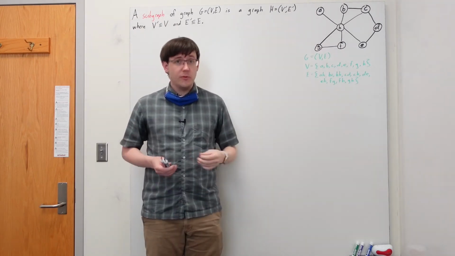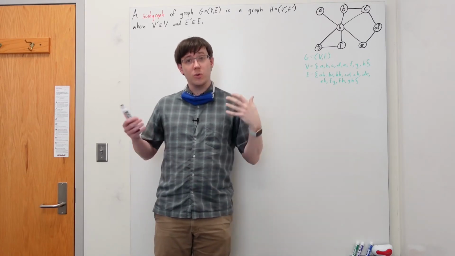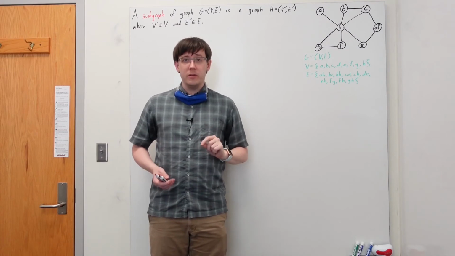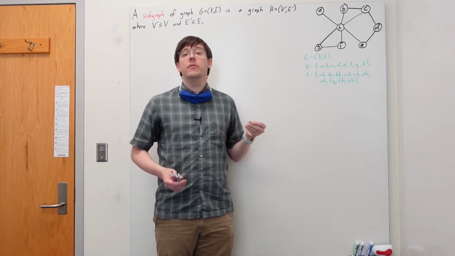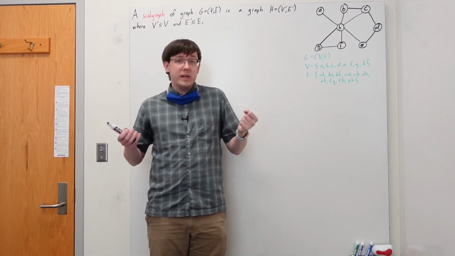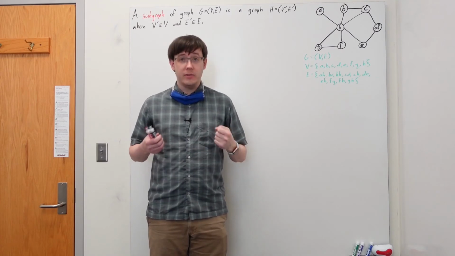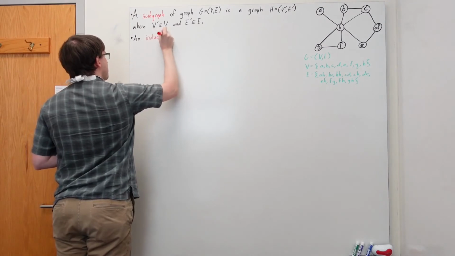There are some names for different types of subgraphs resulting from deleting certain edges or vertices, but we'll focus on induced subgraphs that are produced specifically by deleting some of the vertices and then only deleting the edges that we have to delete in order to have it still be a graph.